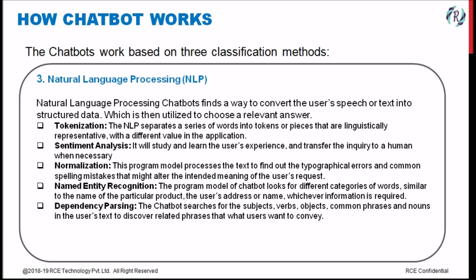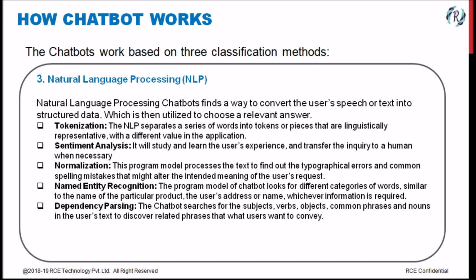The third classification method is natural language processing, or NLP. NLP finds a way to convert user speech or text into structured data. First is tokenization, where it separates a series of words into tokens. Like in previous examples, we have taken pizza or white shoe or pair of shoes. It tokenizes it. Then it adds sentiment analysis from the previous history or the way the user is writing. It normalizes.